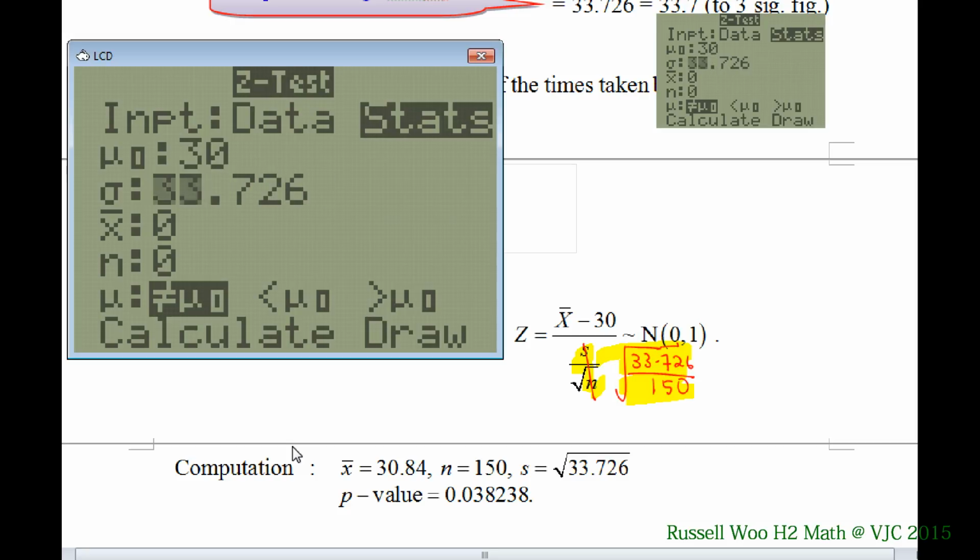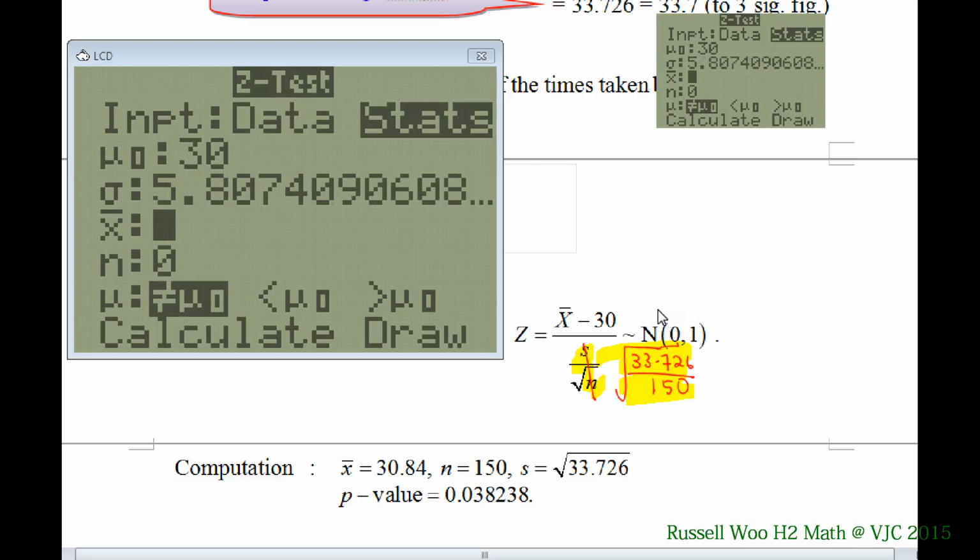Square root of 33.726. Easy to calculate for you. Follow? You are not going to enter square root of 33.726 divided by 150. No. The calculator asks for the population standard deviation.